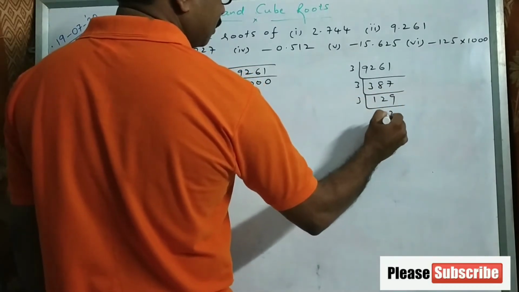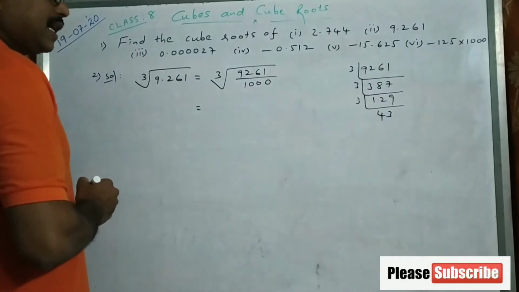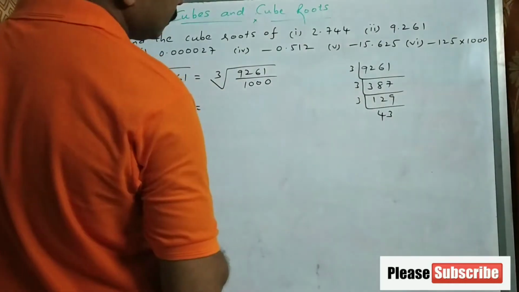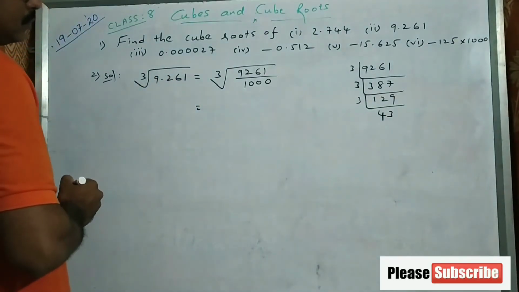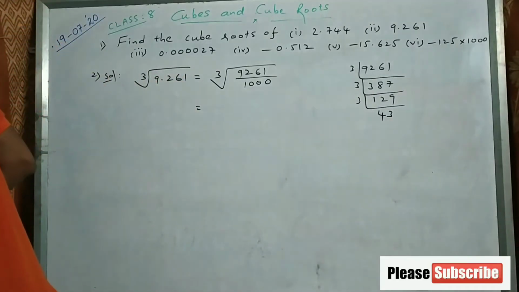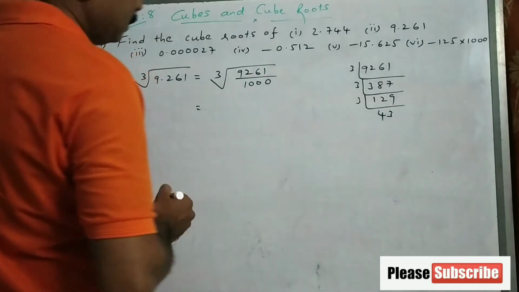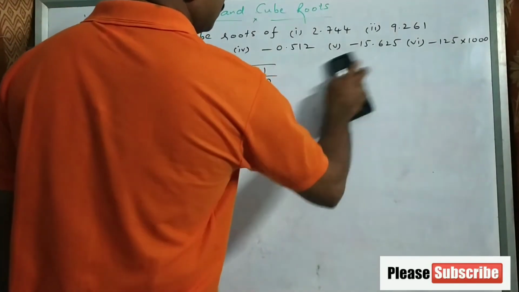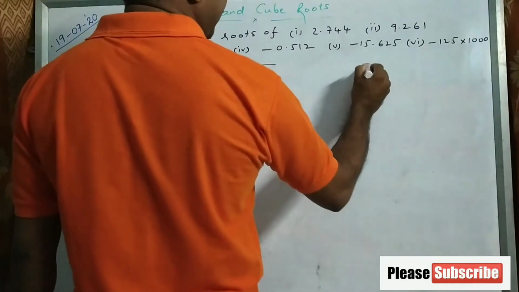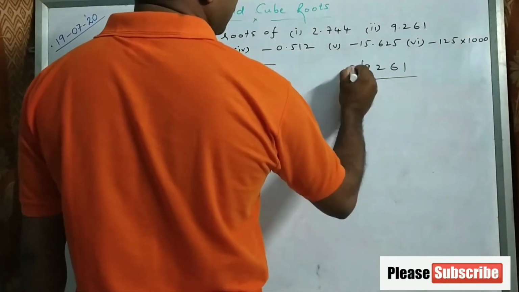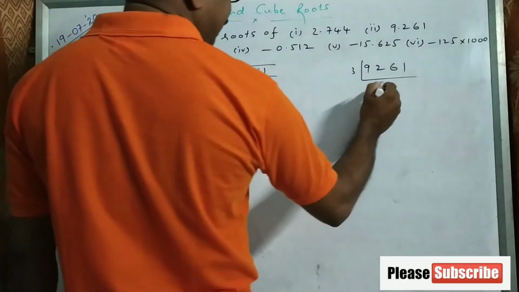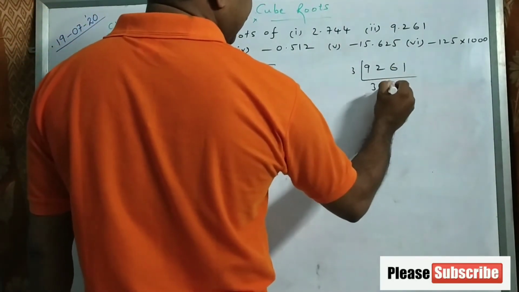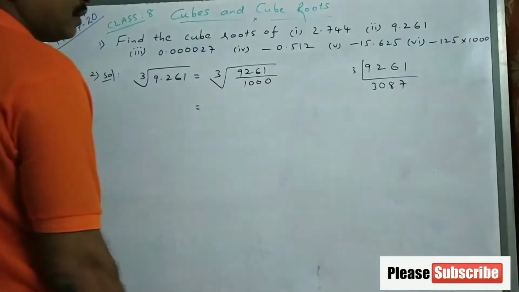Again 3 will go, 3 threes are 9, 3 fours are 12, 3 threes are 9. Look here, 9261. 3 threes are 9.